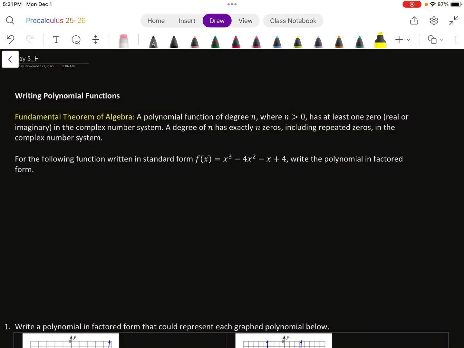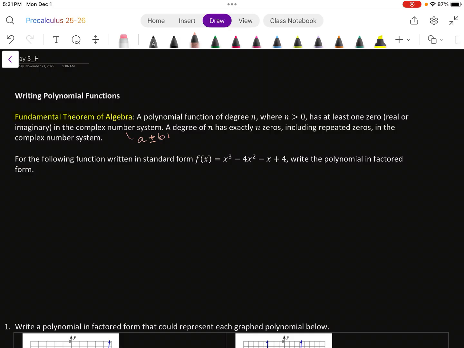Real, or it could be imaginary, and it could be in the complex number system. The complex number system is a plus bi, a plus or minus bi. And we were able to find zeros like that when we took square roots of imaginary numbers, and so on.